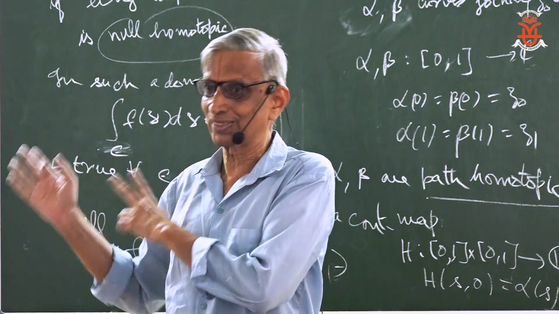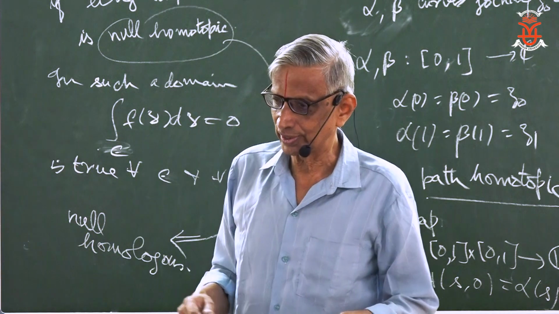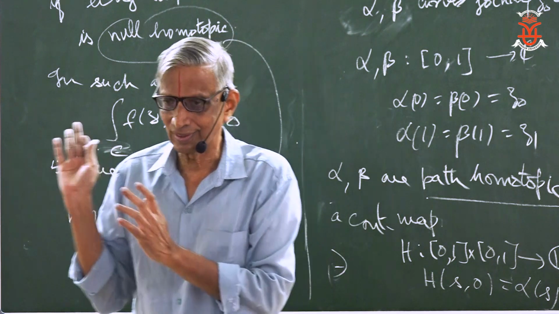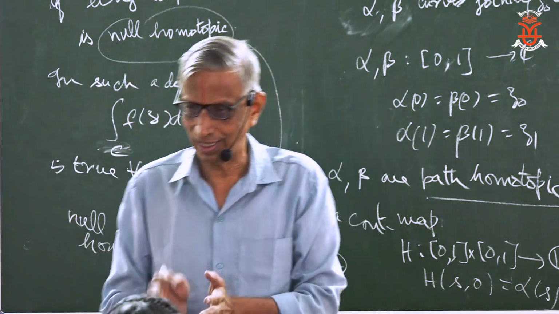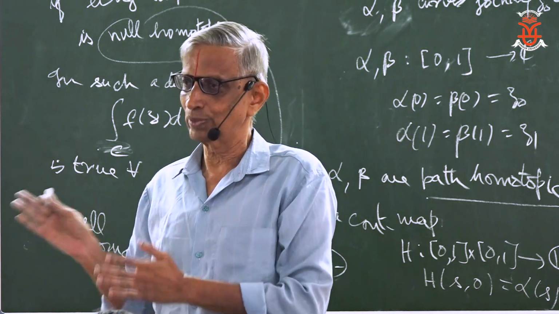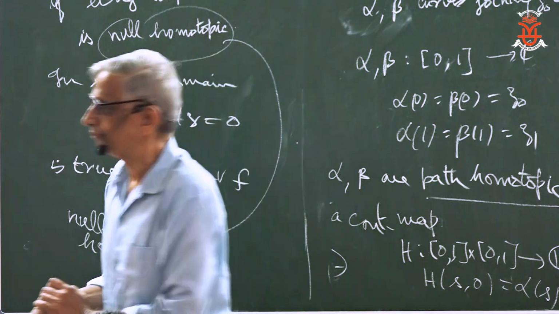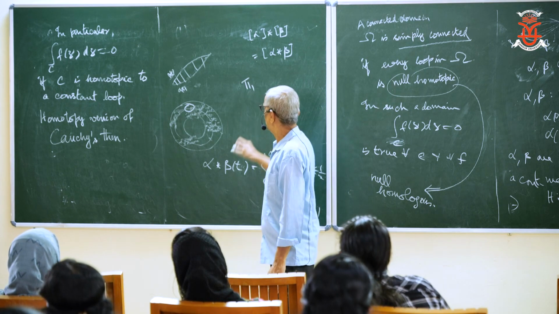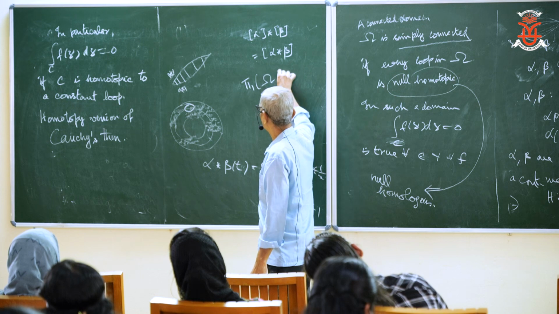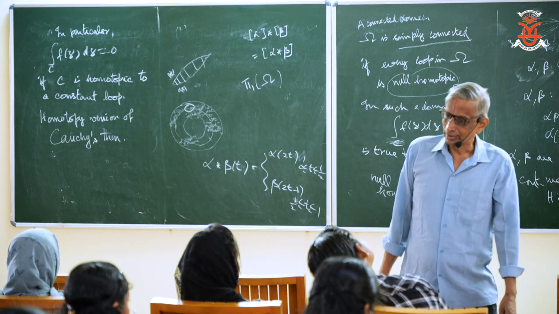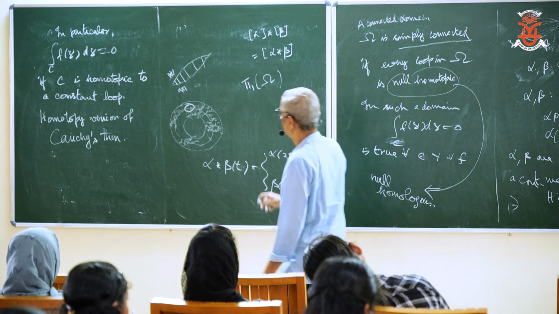The equivalence class of that gives you the inverse of this, and the set of all these loop homotopy classes forms a group under this multiplication. This is what is called pi 1 of whatever your domain omega is, the fundamental group.